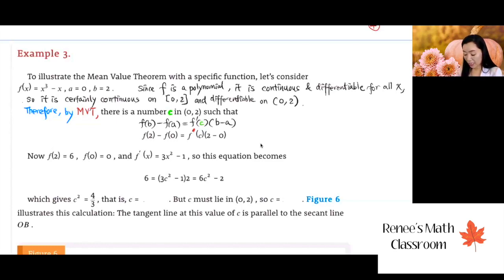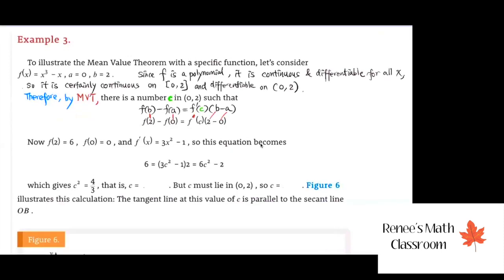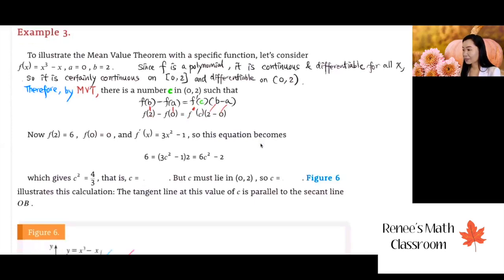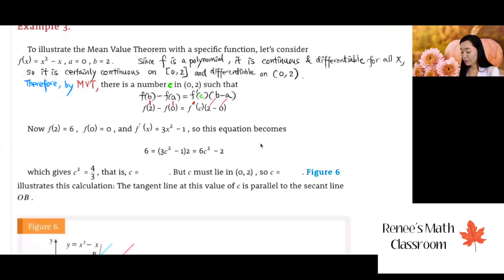So in this case, b is 2, a is 0. So there is at least a number c in (0, 2) such that f(2) minus f(0) equal to f prime of c times (2 minus 0). So that's the conclusion of the mean value theorem.